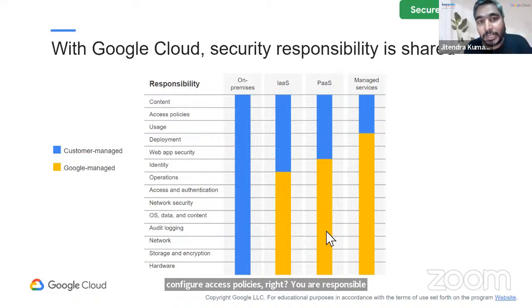How do you configure access policies? How is your application behaving? What port and protocol do you open to let users access your applications? Because this is all your responsibility. You are managing that, and therefore understand, when it comes to public cloud, it is a shared responsibility between us and Google Cloud that we have to worry about.